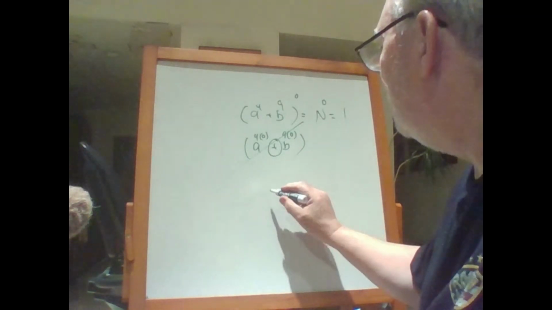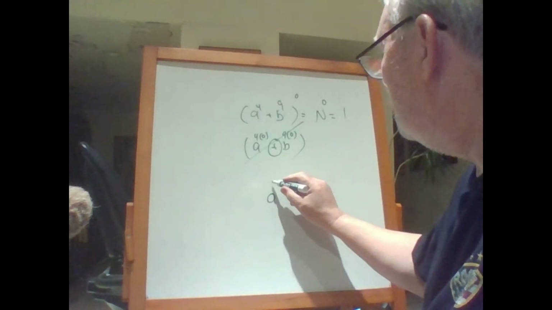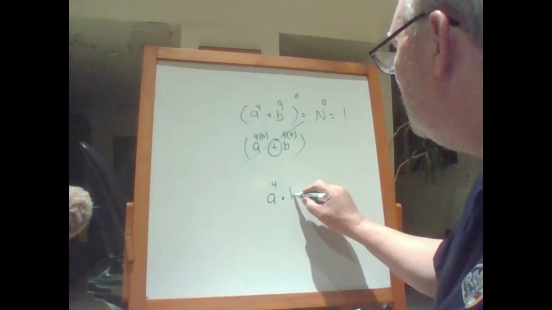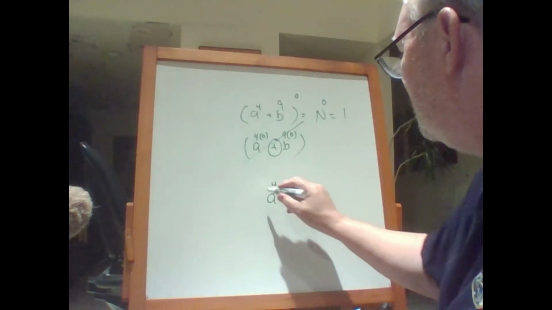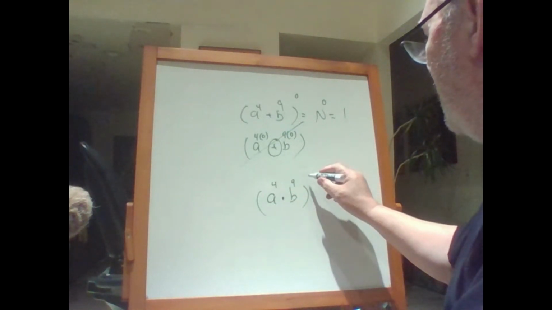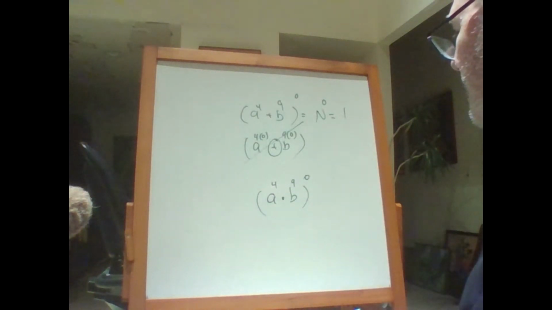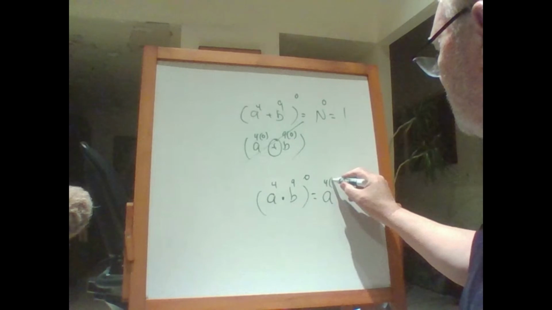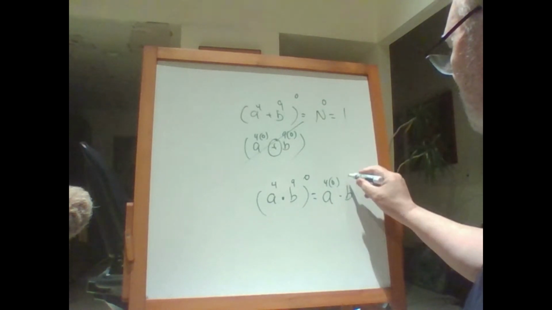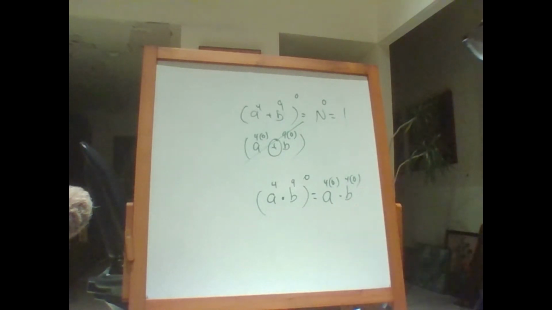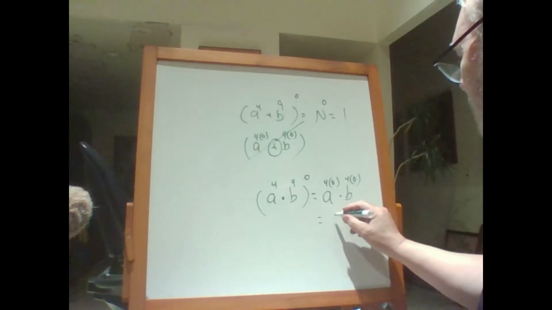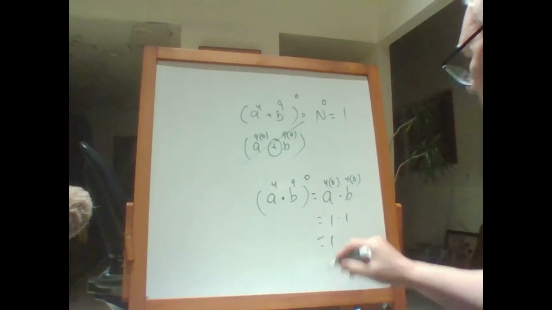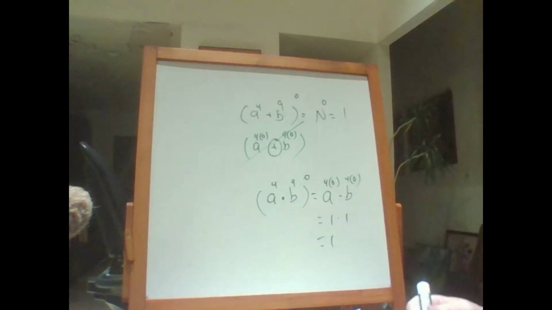Now, if this was multiplication, a to the fourth times b to the ninth, to the 0, then we could say that's a to the 4 times 0 times b to the 4 times 0. And that, again, is 1 times 1 equals 1. So in that case, it would be.